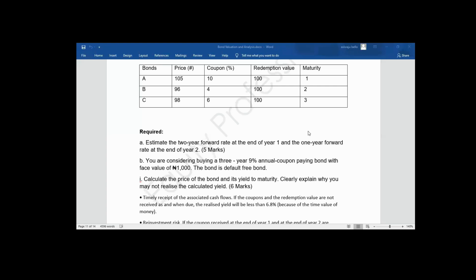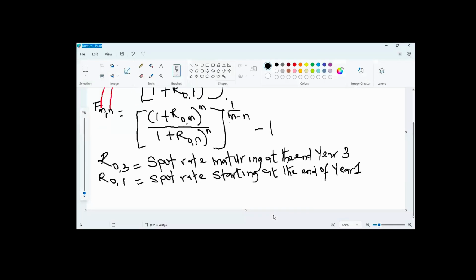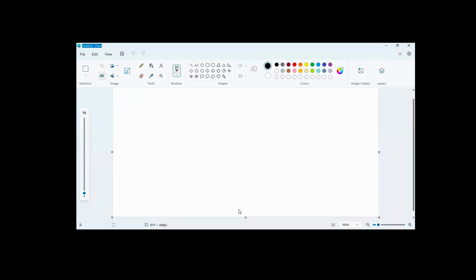Okay, let's go on with the class. I need to compute spot rates starting at the end of year one.